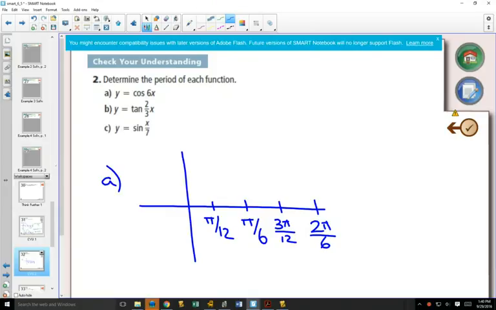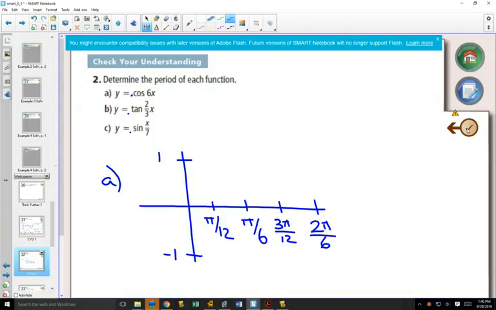What is an amplitude of a normal cos graph? 1. Do we have any vertical stretches in this one that's going to affect it? No. One of the things that you're going to find as a shortcut is whatever number's in front, none of these have numbers in front, but whatever number is in front is your amplitude.